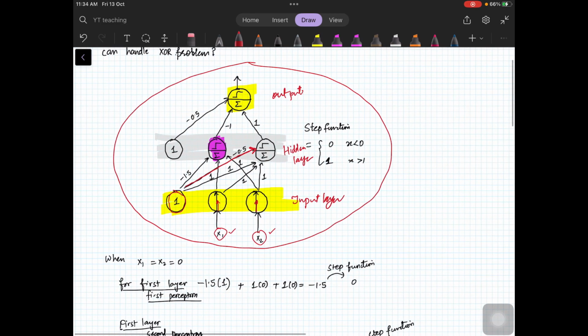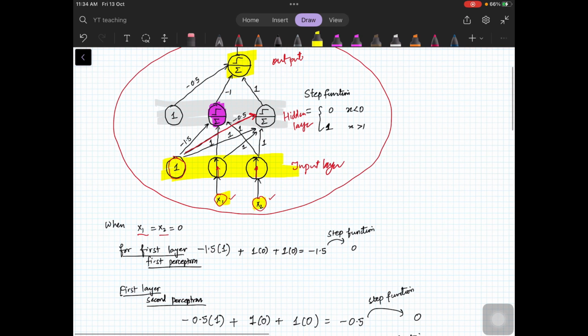So when both x1 and x2 are 0, look at the first layer. This will be minus 1.5 into 1, because this is the bias term.